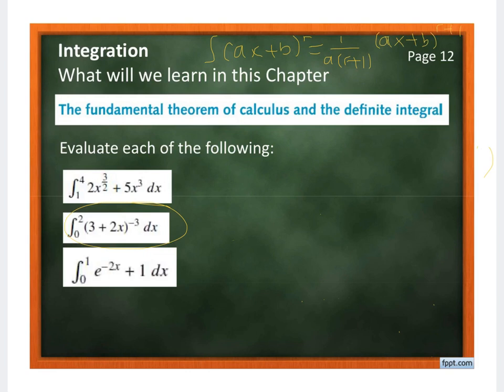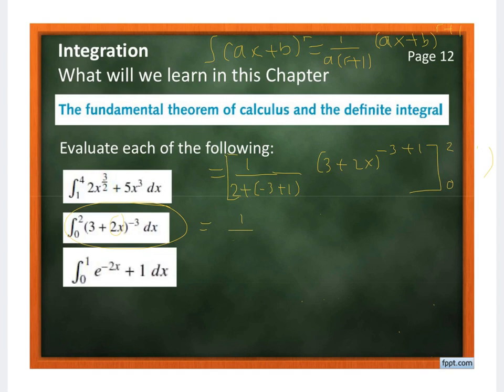See for this one, so that equal 1, the a is 2, plus negative 3 plus 1, 3 plus 2x, negative 3 plus 1. The interval is 0 until 2.